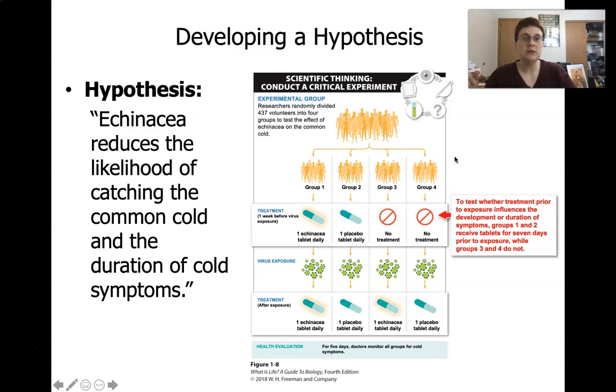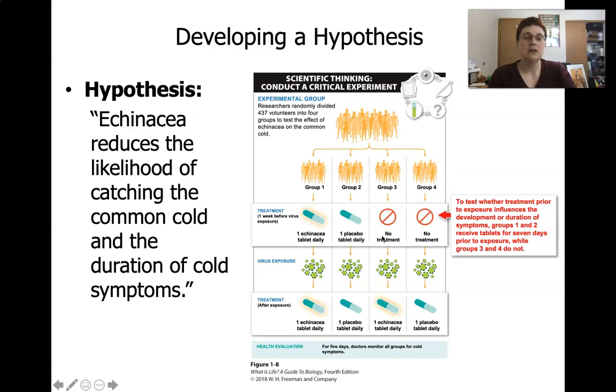And we're going to split them into different groups because we had our predictions about cold symptoms and catching the cold. So in this experiment, they divided them into 4 different groups, and they're going to give them echinacea at different times.